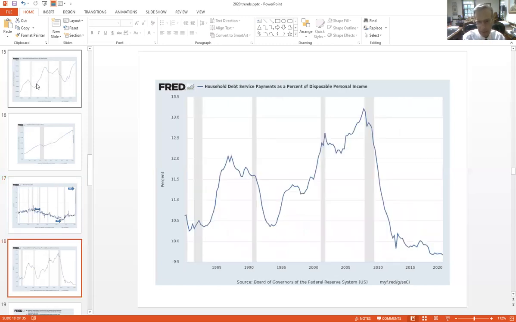Okay, so debt service, the amount as a percent of disposable income. Since disposable income was higher, and there's another reason for higher disposable income, which we better touch on here in a minute.